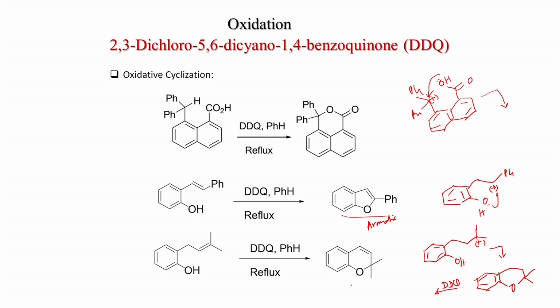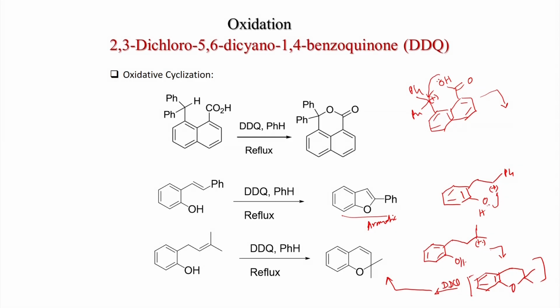So, this intermediate will be converted to this product. So, the cyclization will happen because this electron cloud will react with DDQ to generate a carbocation, and then cyclization, and then again dehydrogenation will give this compound.